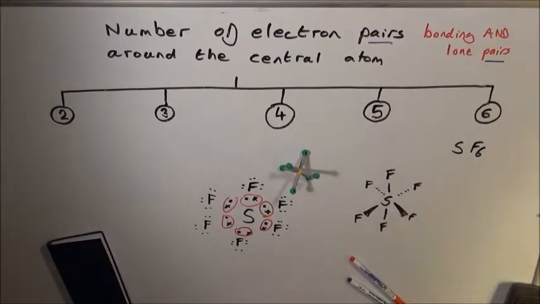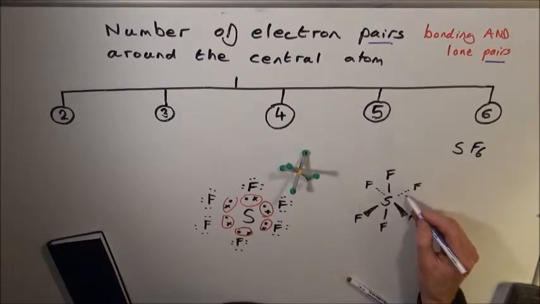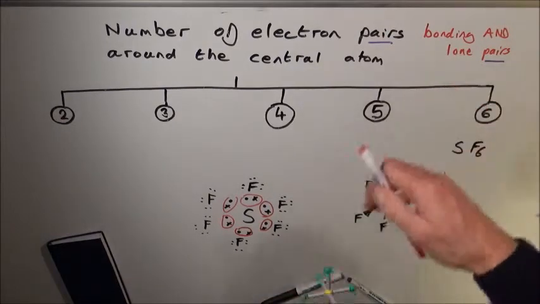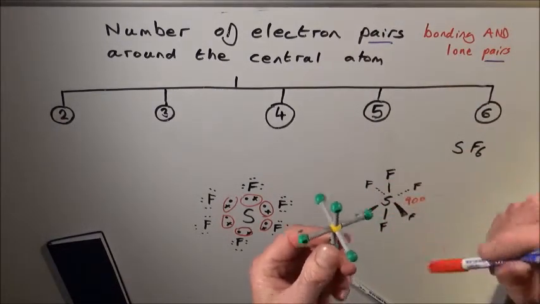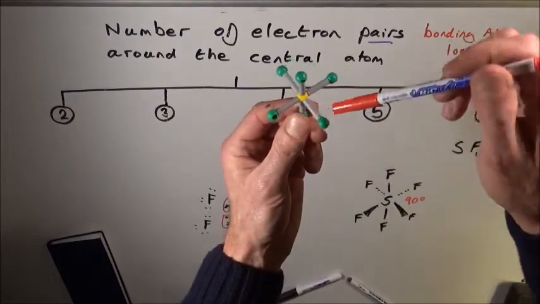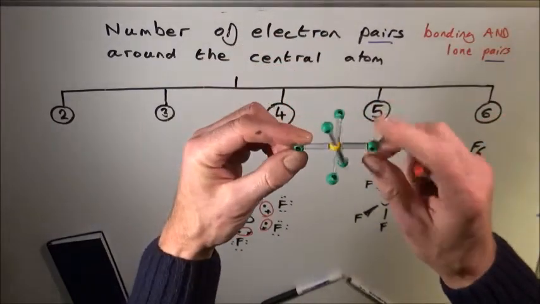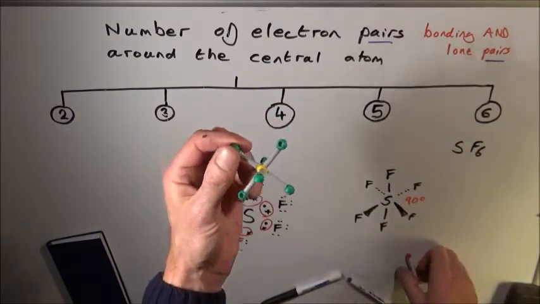And the bond angle here is, all of the bond angles are 90 degrees. If you look down the top, you can see 90 degrees, 90 degrees, or if you look that way, 90 degrees. All those bond angles are 90 degrees, whichever way you look at it.